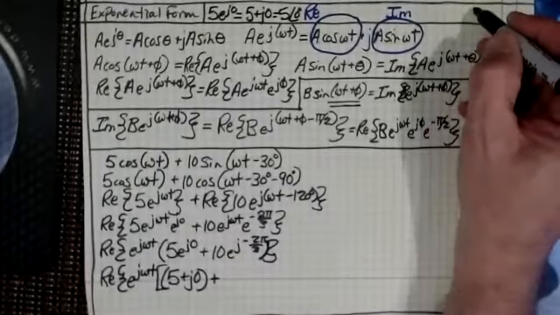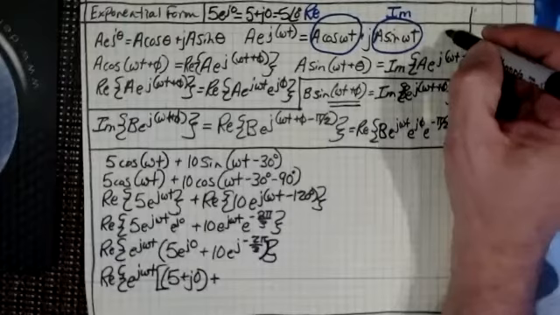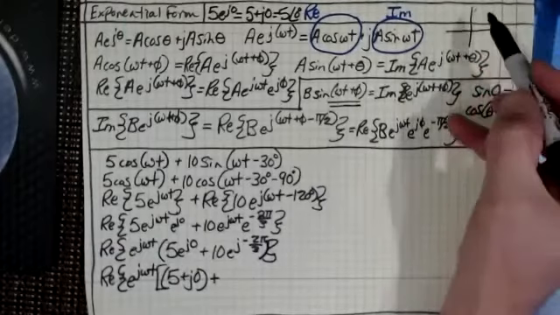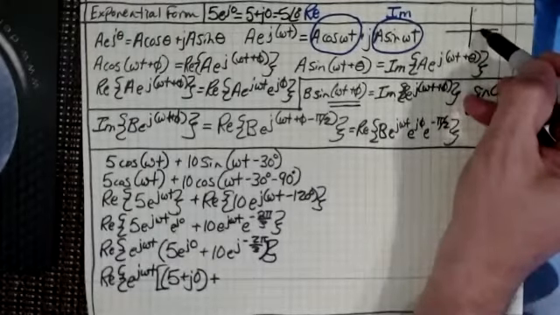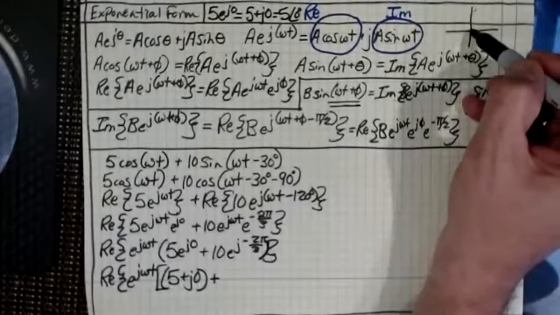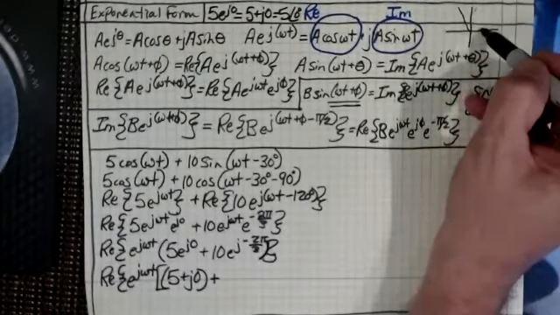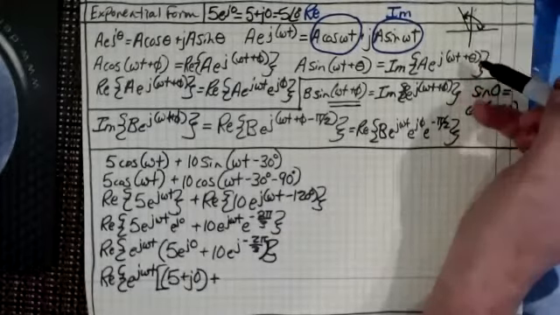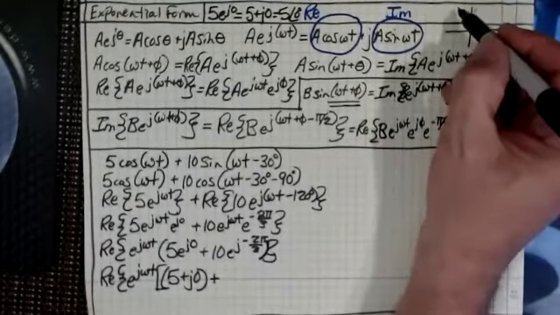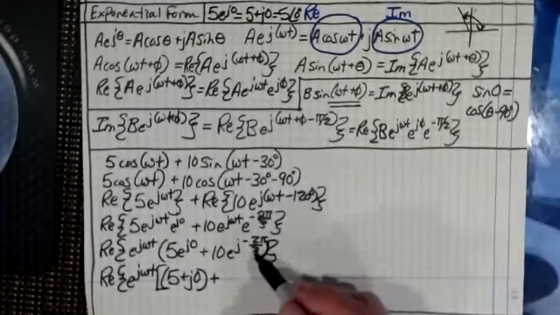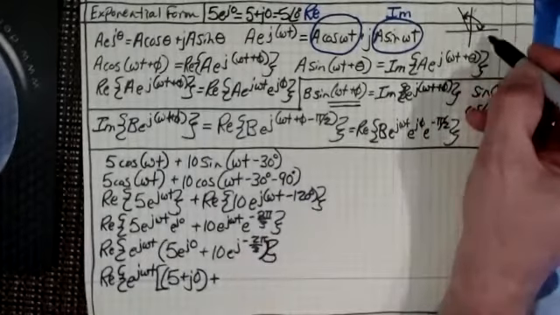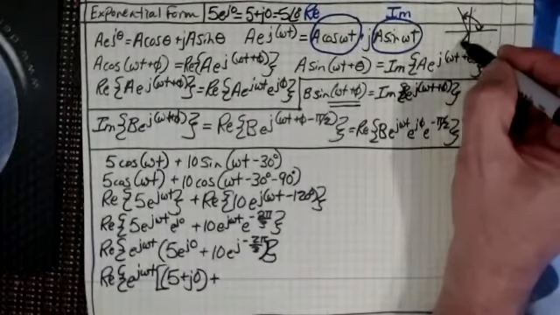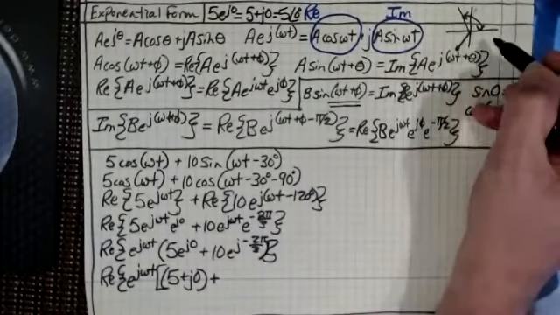If I was to draw the complex plane over here, let's see where 120 degrees would be. Wouldn't 120 degrees be right about there? I hope everybody can see this. Isn't that about 120 degrees? Oh wait, I'm sorry, that's minus 120 degrees, which would be down here, wouldn't it?